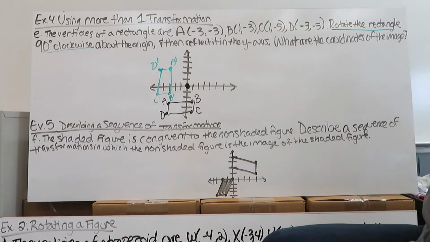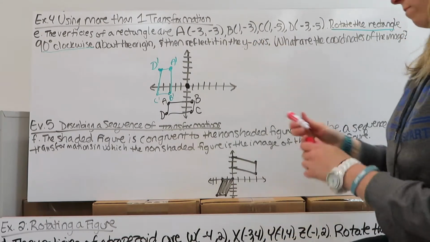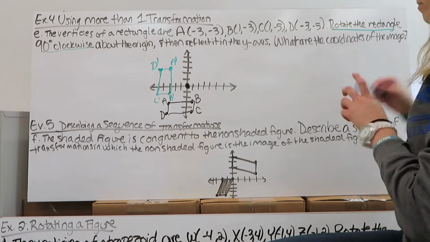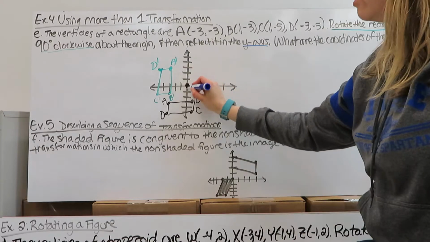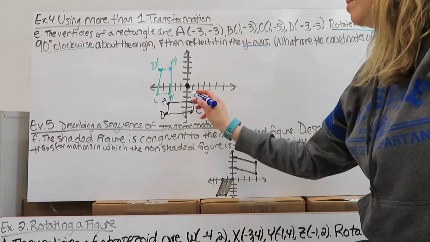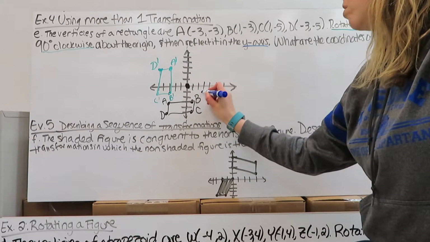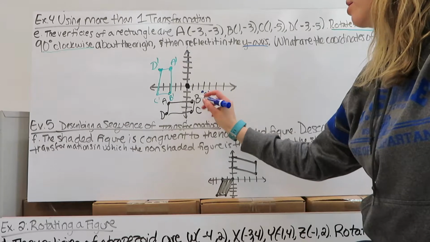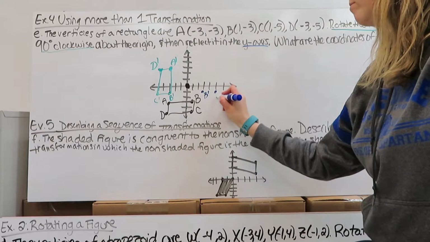Now, we're gonna reflect in the y-axis. Ooh, wrong color. The y-axis. So this is going to be our line of reflection. It's going to be the y-axis. So B prime is now going to be 3 to the right, 1 down. There's B double prime. C prime is going to be 5 to the right, 1 down.